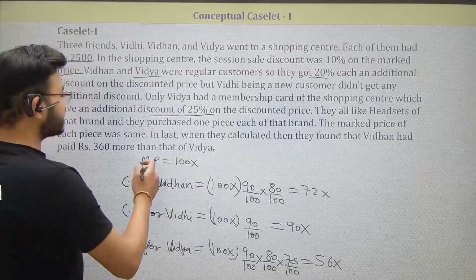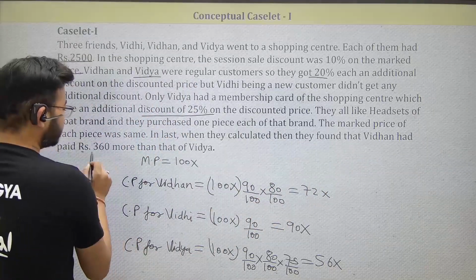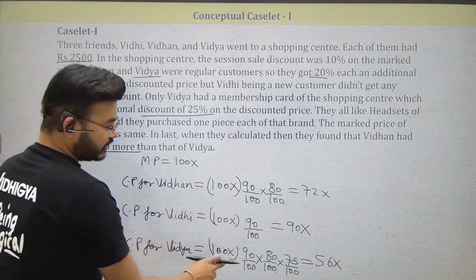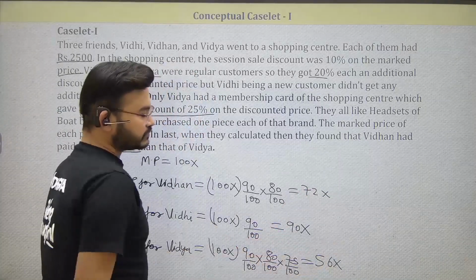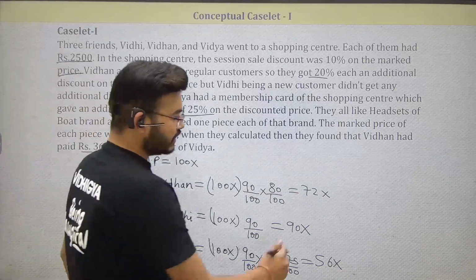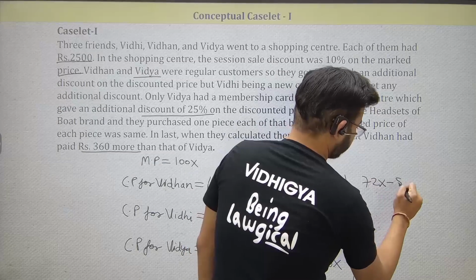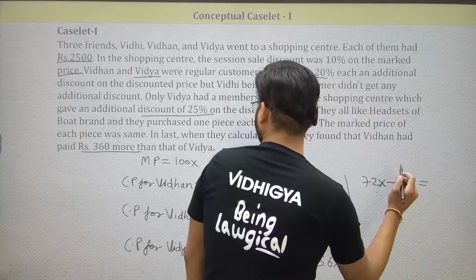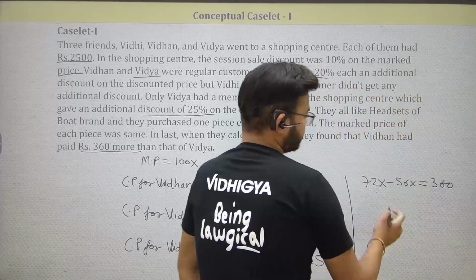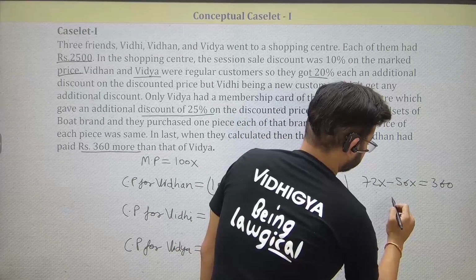So this is what we know. Now in the last, it is given that they calculated and found that Vidhan had paid 360 more than Vidya. So the difference between the amounts that Vidhan and Vidya have paid is 360. So simply 72x minus 56x is equal to 360.